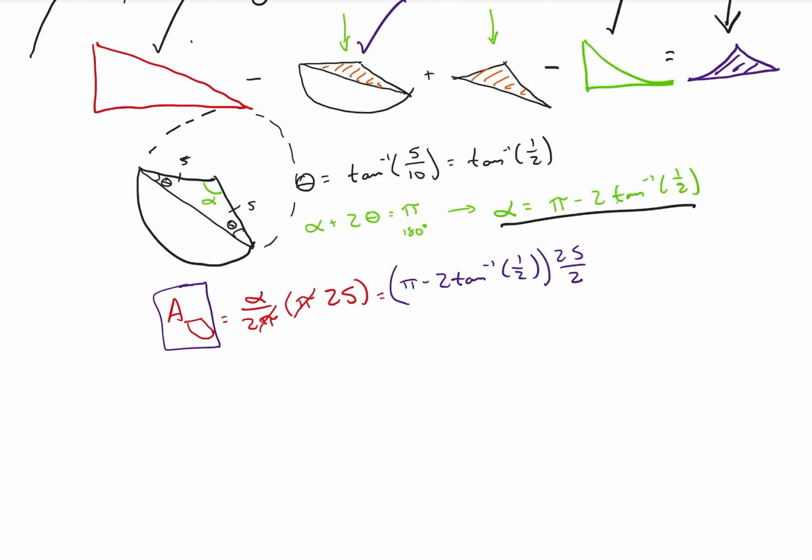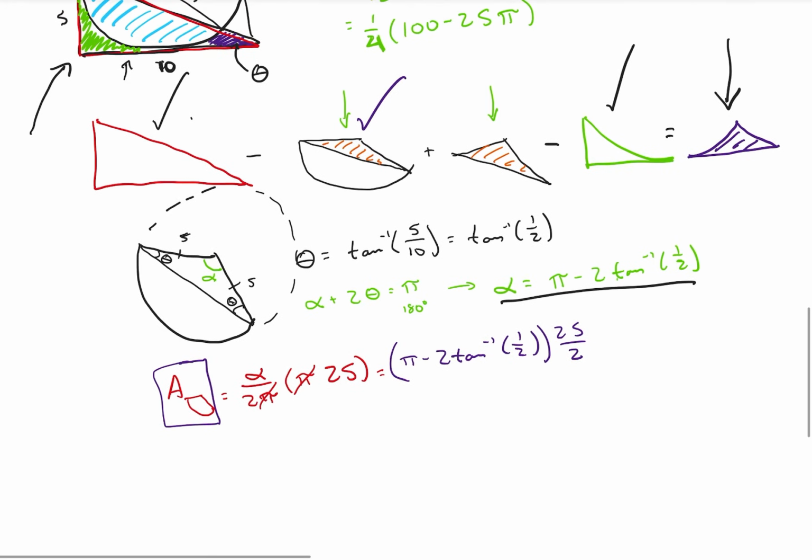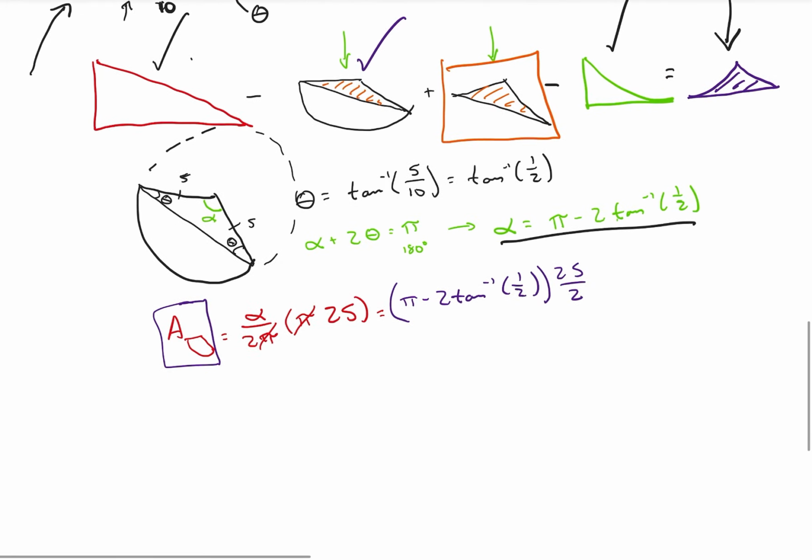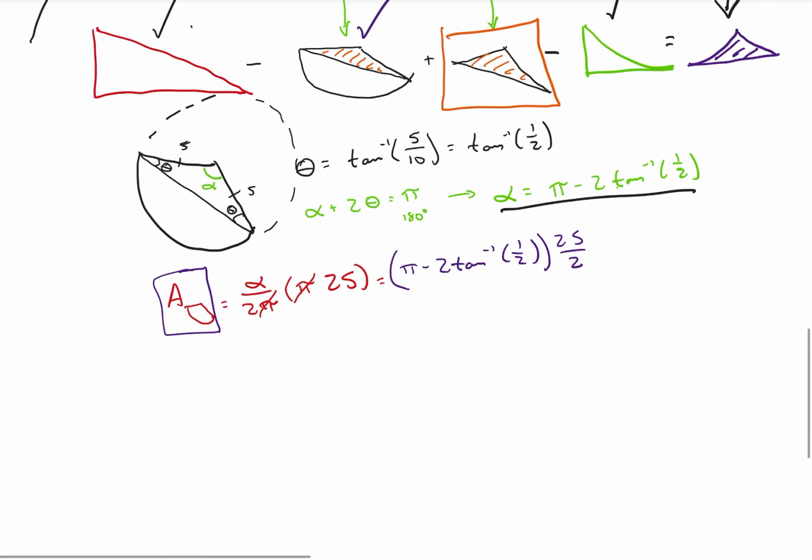So now I have that area. So my final area I'm going to need to calculate is this triangle, this isosceles triangle, which is actually not too bad. So if I look at this isosceles triangle, I know this angle is alpha, I know this side length is 5. So really, I just need to find my height here.